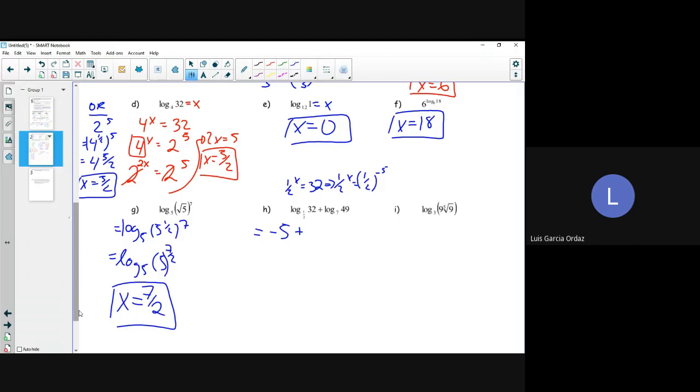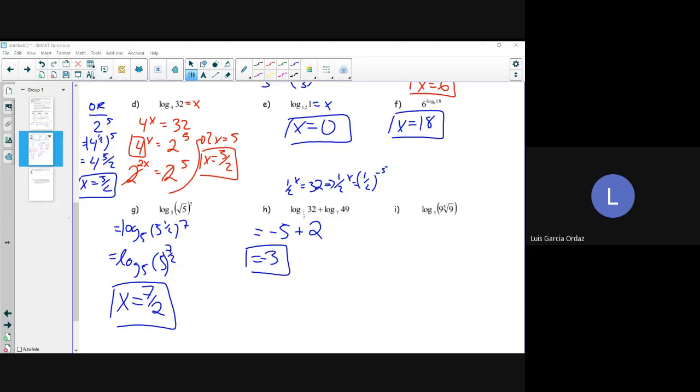Thank you, Bozola and Joseph. So we get 2. So we're left with -5 plus 2, which means this log expression gives us an answer of -3.